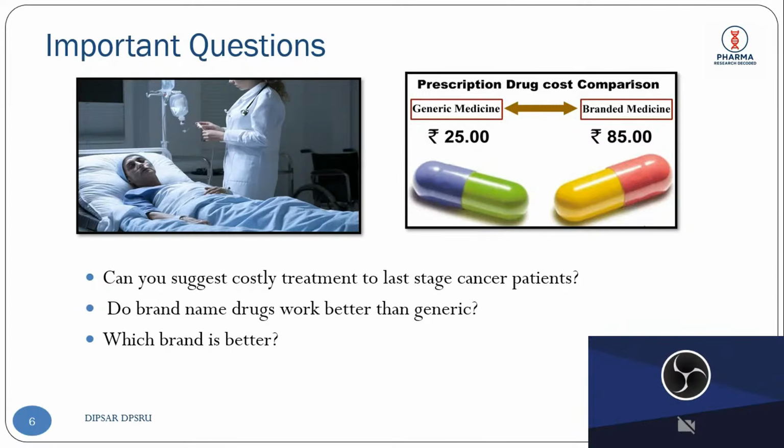This kind of analysis we also do in pharmacoeconomic studies, and this type of pharmacoeconomic study we call cost minimization studies, where you are calculating the percentage of cost variations. So these are some of the important clinical questions which pharmacoeconomic studies help to answer.